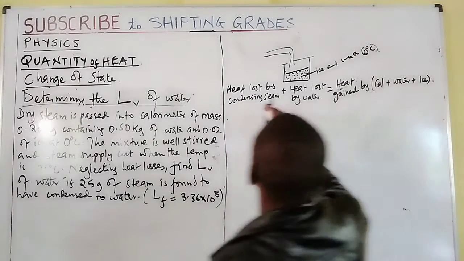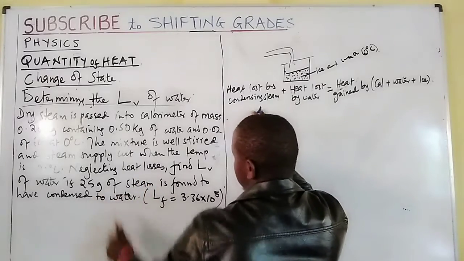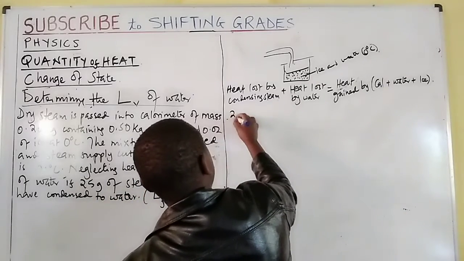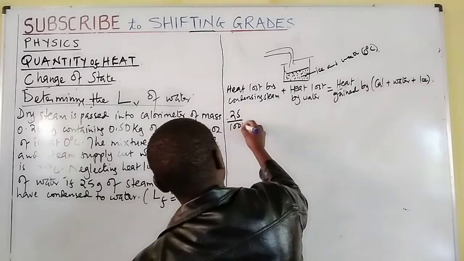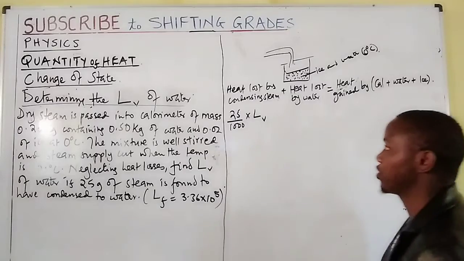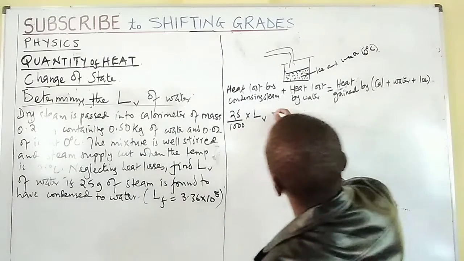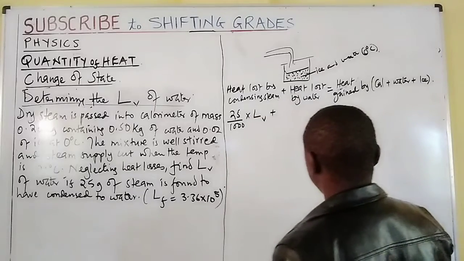Therefore, here, heat lost by steam, we have 25 grams of steam which have condensed. So 25 divided by 1000 to get SI units, kilogram, times the latent heat, because it released heat at that point, plus heat lost by water now.